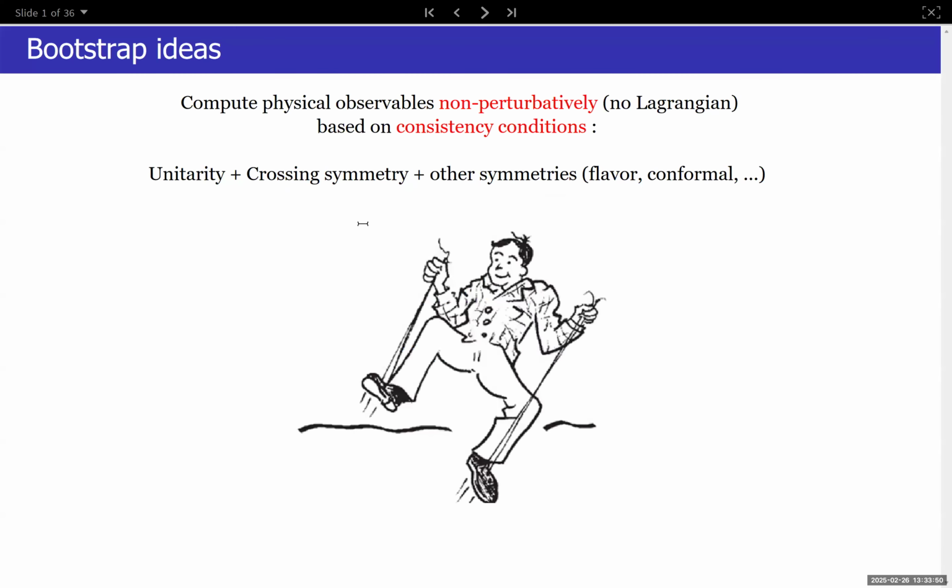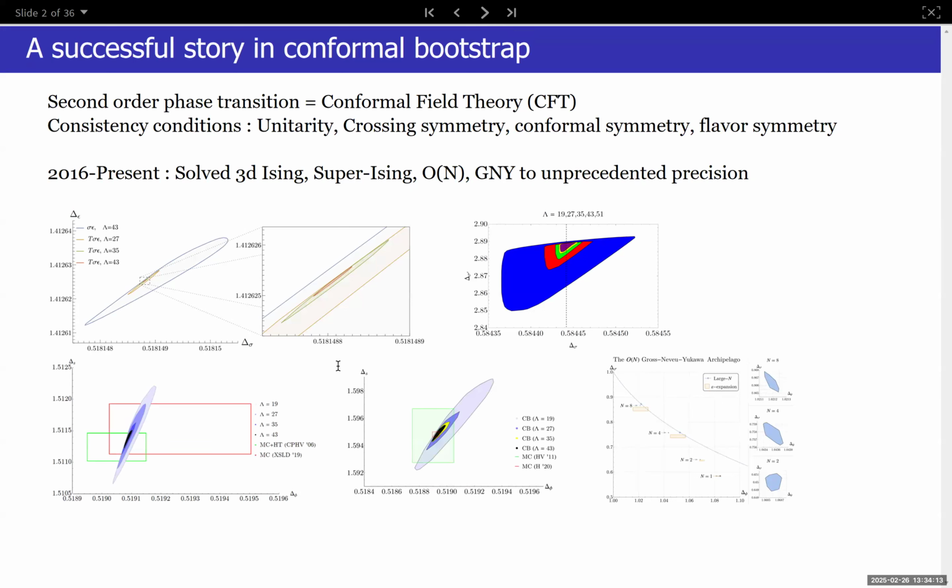So Bootstrap is the method where we try to compute a physical quantity in a non-perturbative way, not referring to the Lagrangian. Instead, we use consistency conditions, namely unitarity, crossing, and possibly other symmetries. In conformal Bootstrap, in the last few years, many interesting results have come out from numerical Bootstrap.